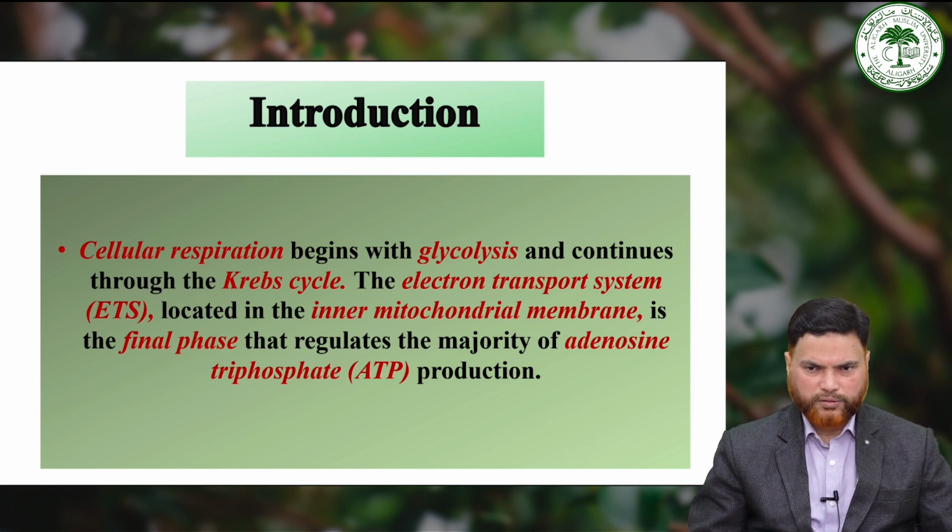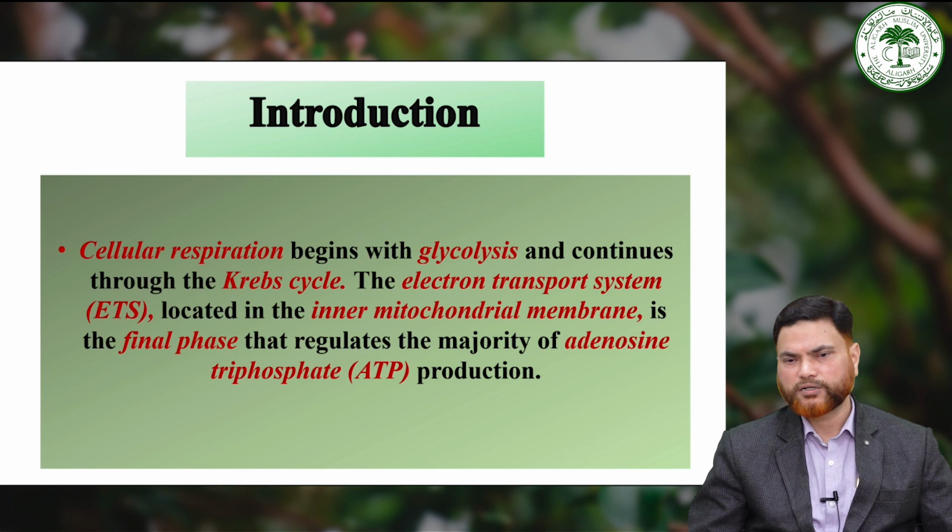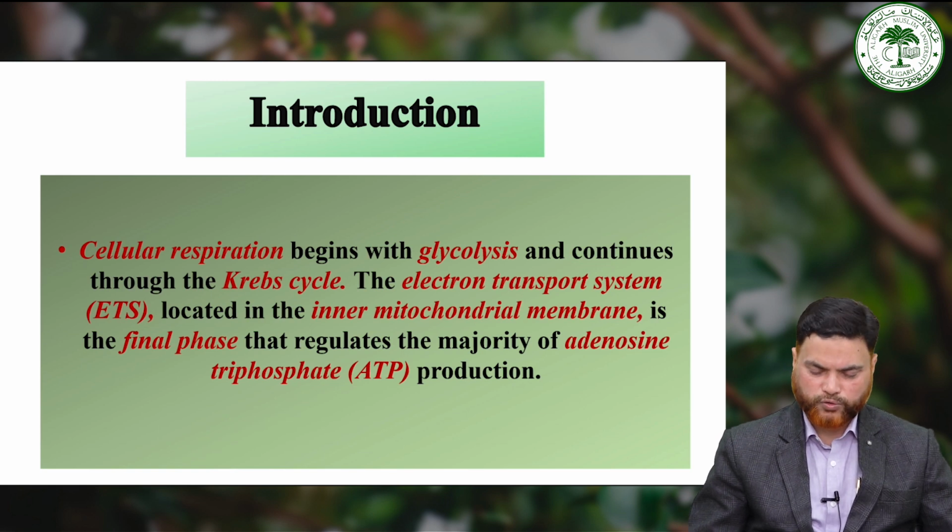So now a basic idea should come to your mind: what is oxidative phosphorylation, and how is it different from photophosphorylation and substrate level phosphorylation? Because I have discussed these two aspects earlier while discussing glycolysis and photosynthesis.